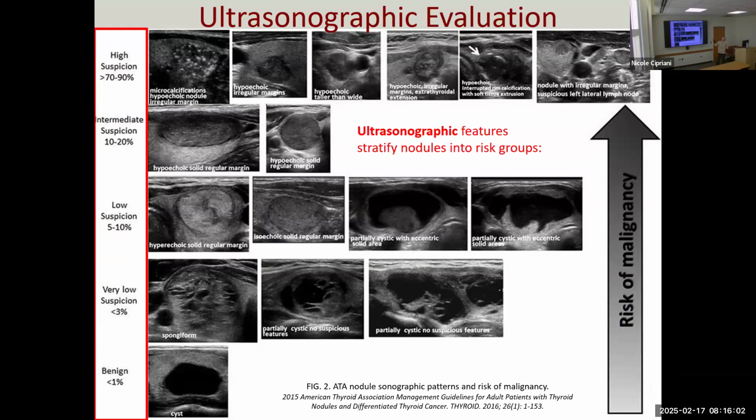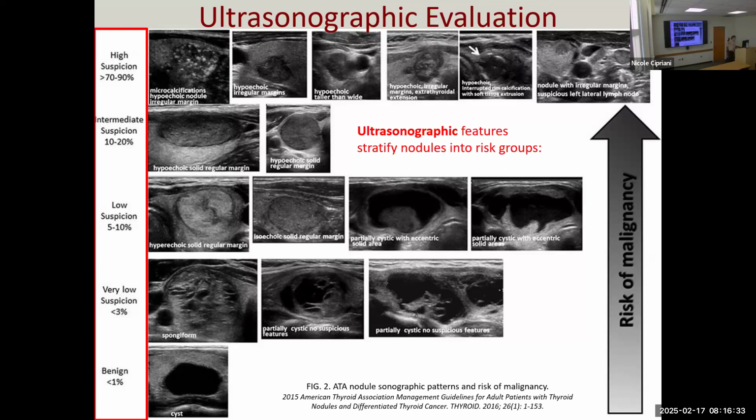When is something ultrasonographically suspicious enough that it should undergo an FNA? The American Thyroid Association has this whole risk stratification system for ultrasound, ranging from it's macrocystic, it's hypoechoic, it has a regular border, all the way to it has stippled microcalcifications, which could mean psammoma bodies, or irregular borders, or irregular size, undulating borders.